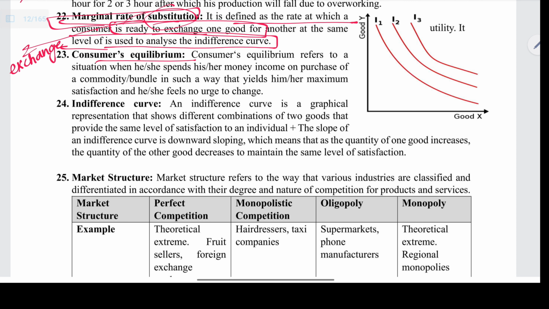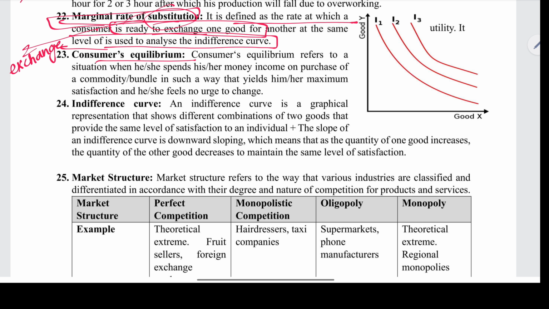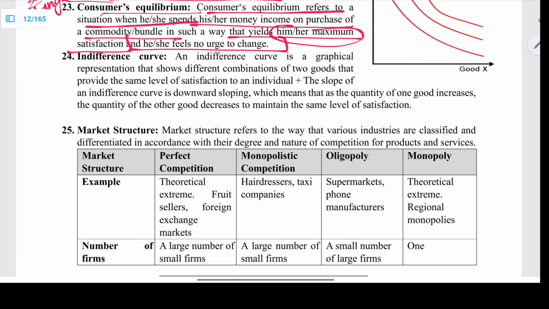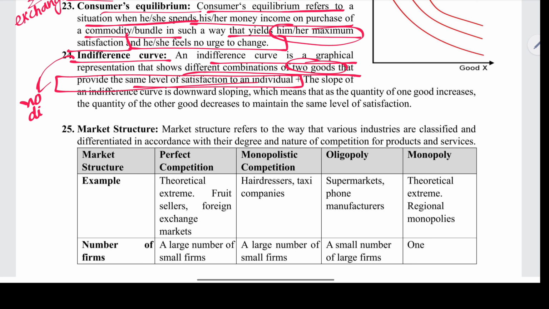Consumer's equilibrium. Consumer's equilibrium refers to the situation when he spends his money or purchases a commodity in such a way that it yields him maximum satisfaction and he has no urge to change. Indifference curve. An indifference curve is a graphical representation of combinations of two goods that provide the same level of satisfaction. So in an indifference curve there is no difference, right?